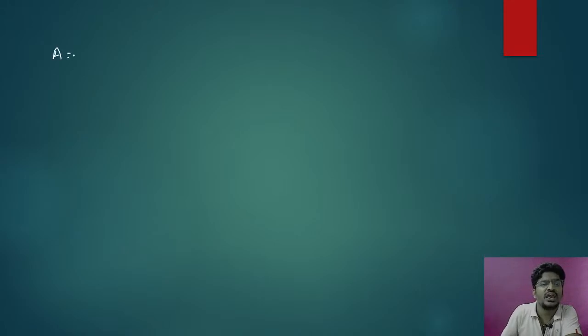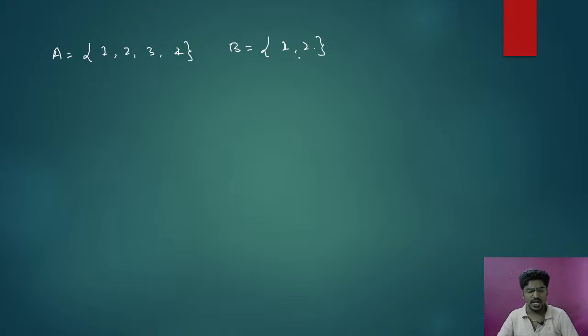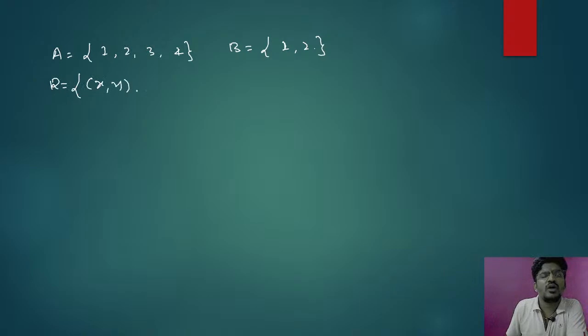I will take set A as {1, 2, 3, 4} and set B as {1, 2}. Now I want to write the relation between A and B, the relationship between A and B. See, R is equal to the ordered pairs (x, y) such that x is less than or equal to y.